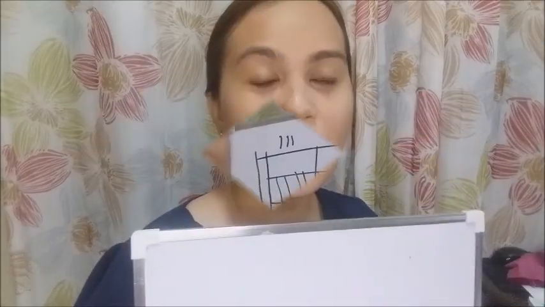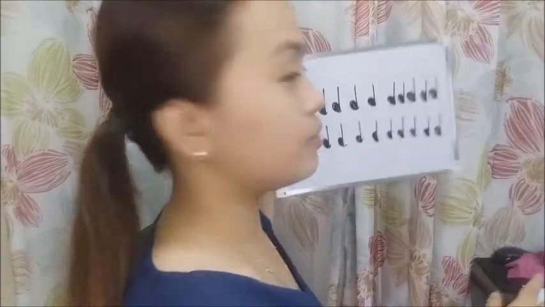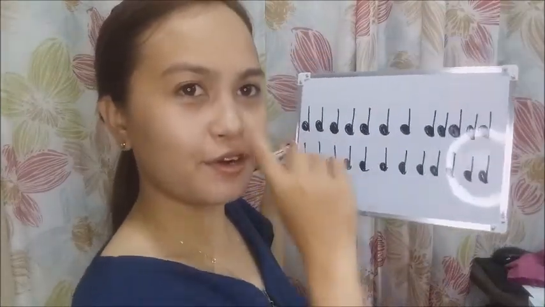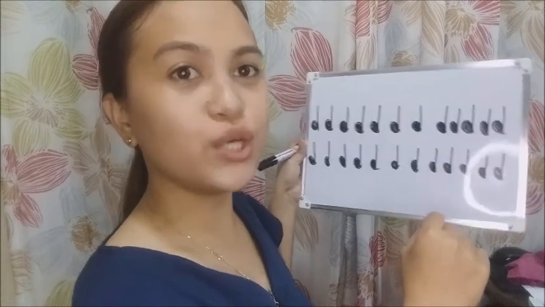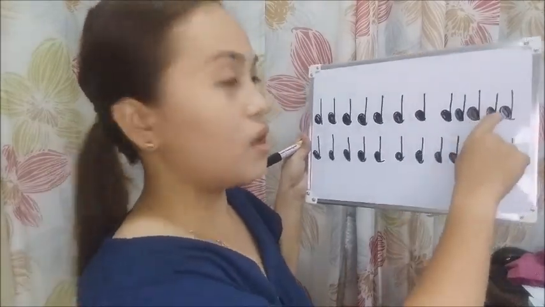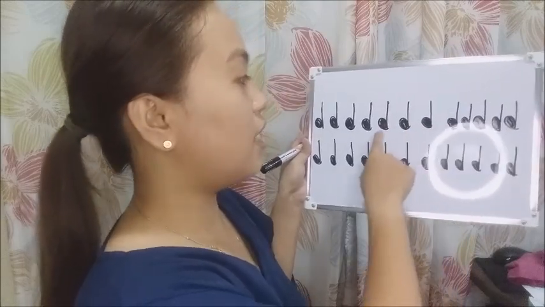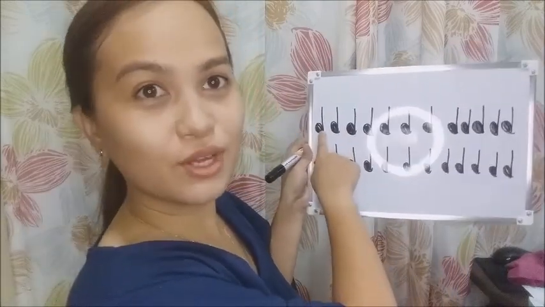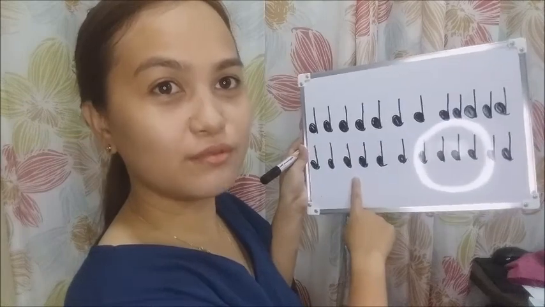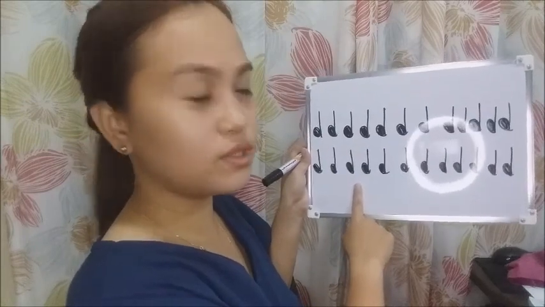Another example, I will give you notes. There are many. So let's count how many notes we have. 1, 2, 3, 4, 5, 6, 7, 8, 9, 10, 11, 12. So 12 plus 12, we have 24 quarter notes.